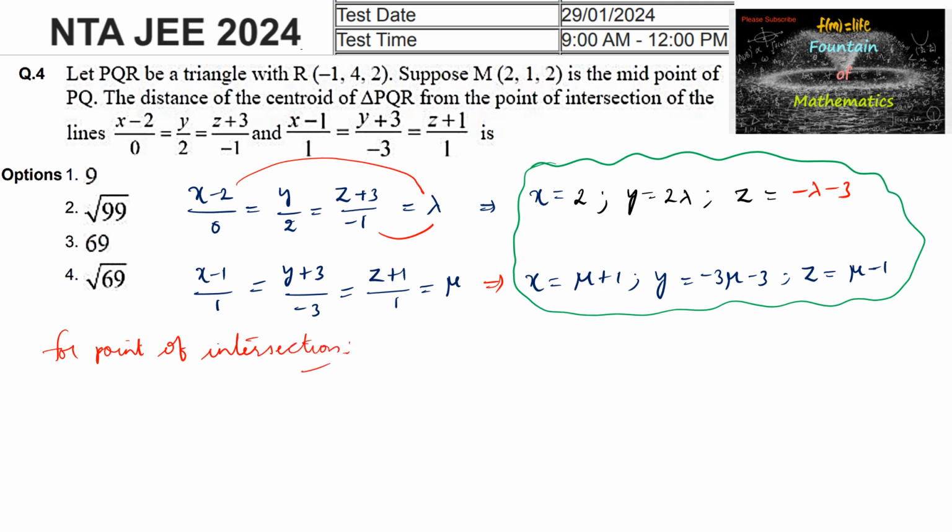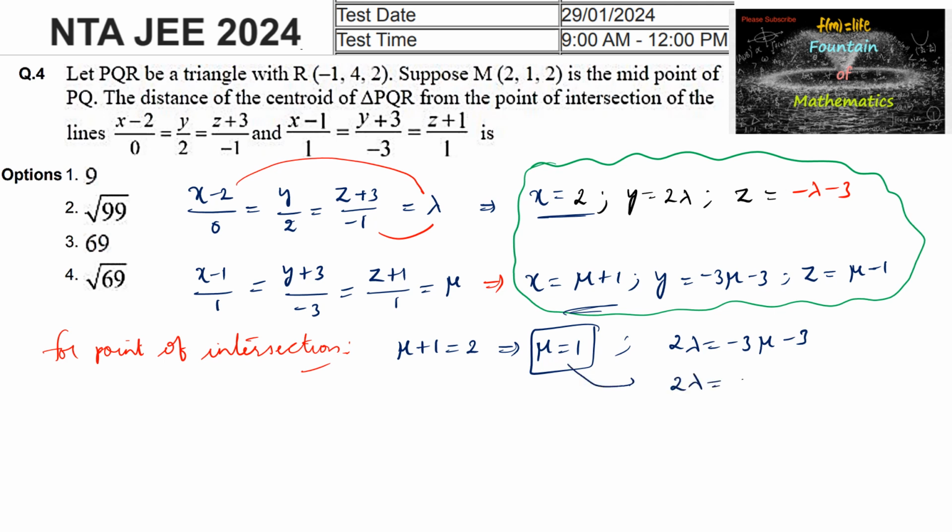Equating the coordinates respectively, we get 2 equal to mu plus 1, which implies mu is equal to 1. The next one, 2 lambda is equal to minus 3 mu minus 3. When mu is equal to 1, we substitute: 2 lambda is equal to minus 3 into 1 minus 3, that is minus 6. So lambda is equal to minus 3. So we got mu is equal to 1 and lambda is equal to minus 3.